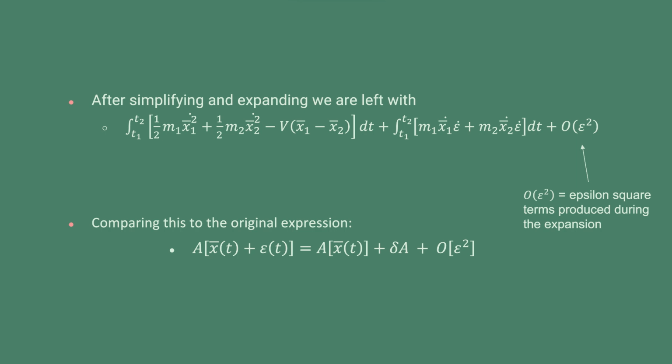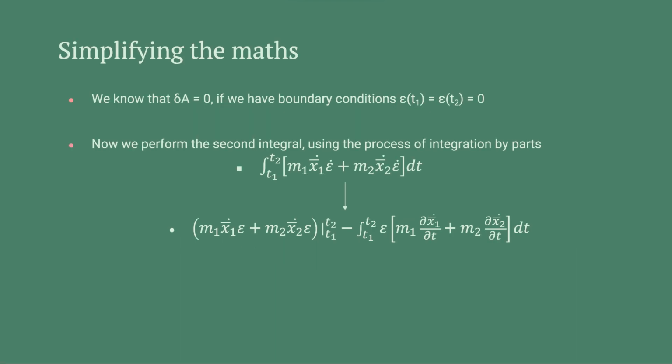Now, after simplifying, you can see we've got 3 different groups of terms here, essentially, which correspond to our original expression, as colour-coded here. Performing this corresponding integral, which is the second blue part of the expression in the last slide, by integration by parts, this is the answer we achieve.